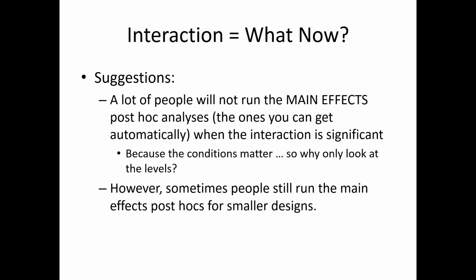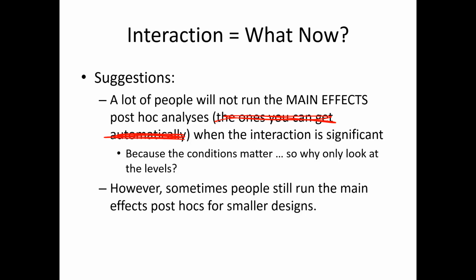One suggestion is that if an interaction occurs, you will not analyze the main effects. You don't get these automatically in R, you do in SPSS, sorry. So when the interaction is significant, people often suggest to just totally ignore the main effects because the conditions matter.